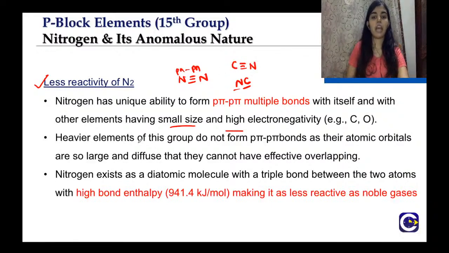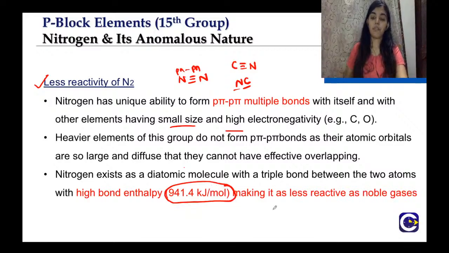Now, heavier elements of this group do not form p-pi bonds, right? Why can't they form p-pi bonds? Because of the larger size, their atomic orbitals are so large and diffuse that they cannot have effective overlapping. Okay. So nitrogen exists as a diatomic molecule with a triple bond, that we have already done, and the bond dissociation energy of the N2 molecule is 941.4 kilojoule per mole, right?